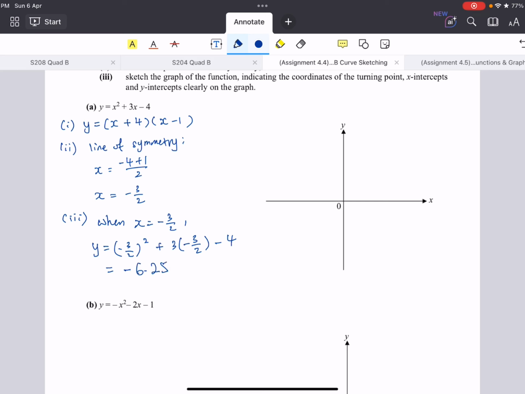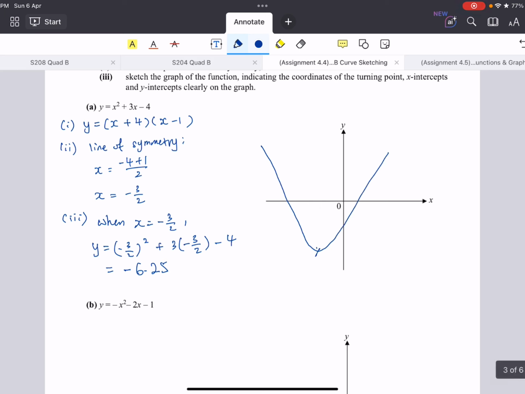So let's find the minimum point. That will be negative 3 over 2, negative 6.25. So it'll be somewhere in the third quadrant. And then the y-intercept is at negative 4. So it will look something like this, right?